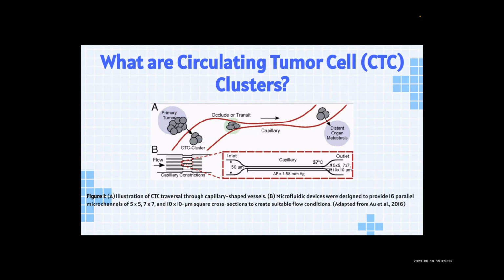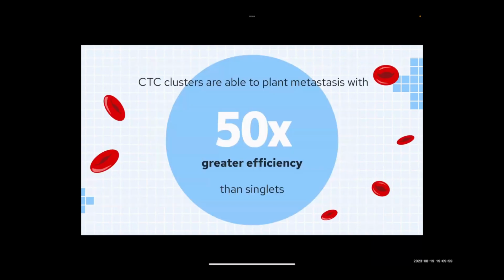Au and the other researchers engineered microfluidic constriction devices using 5, 7, and 10 micrometer microchannels to mimic the microcapillaries in order to observe the process of traversal and find the significant impact that CTC clusters bring to metastasis. In fact, CTC clusters are able to plant metastasis with 50 times greater efficiency than singlets, as shown in this slide.